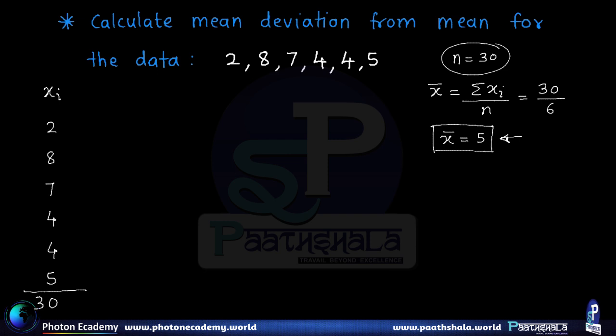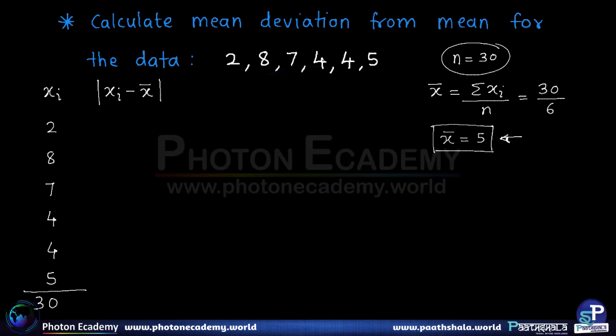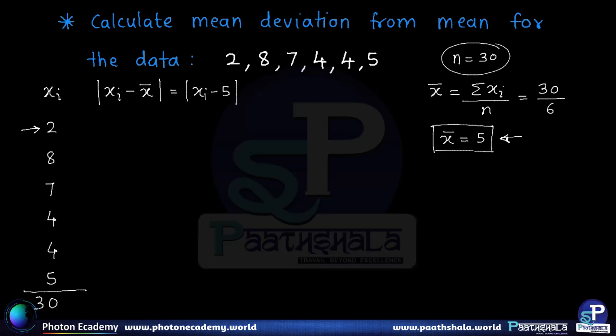Now for that, let us first of all calculate the positive difference between each observation xi and the x bar. So what we have to basically calculate is the absolute value of xi minus 5. So when we do the first observation, 2 minus 5 is minus 3 and the absolute value of minus 3 is plus 3, isn't it?